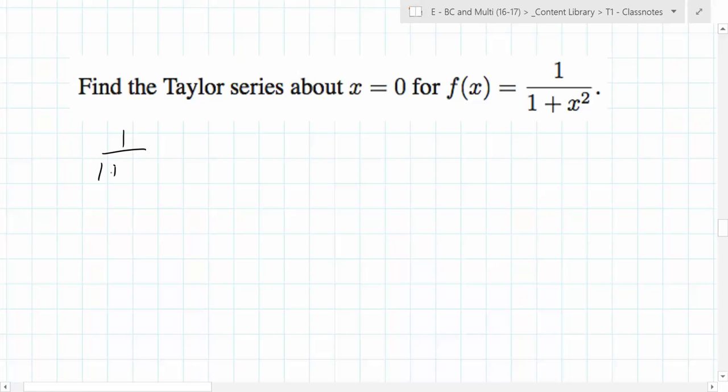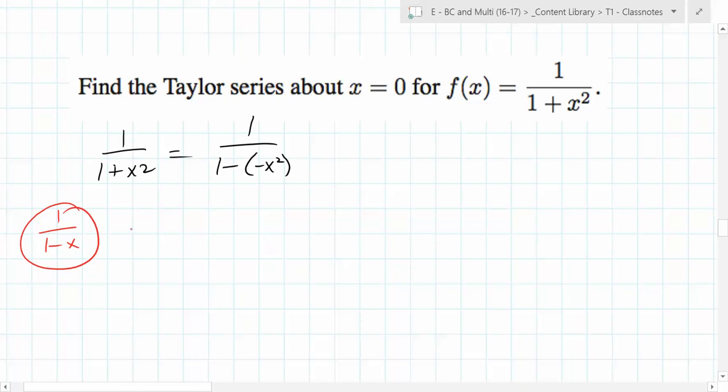1 over 1 plus x squared is equal to 1 over what? 1 minus negative x squared, right? We know what the expansion is for 1 over 1 minus x, right? What is that? 1 plus x plus x squared. Right?